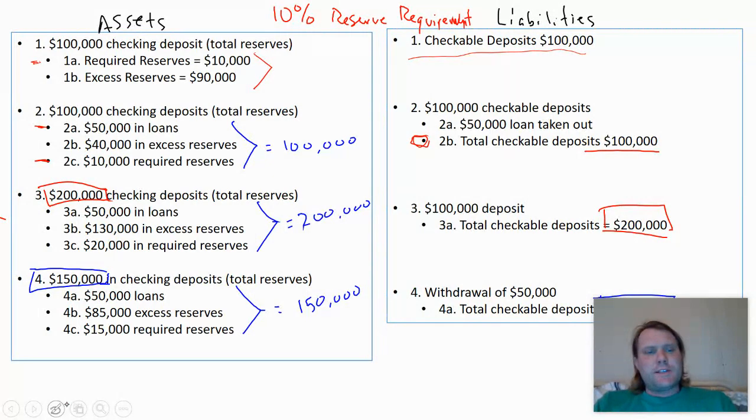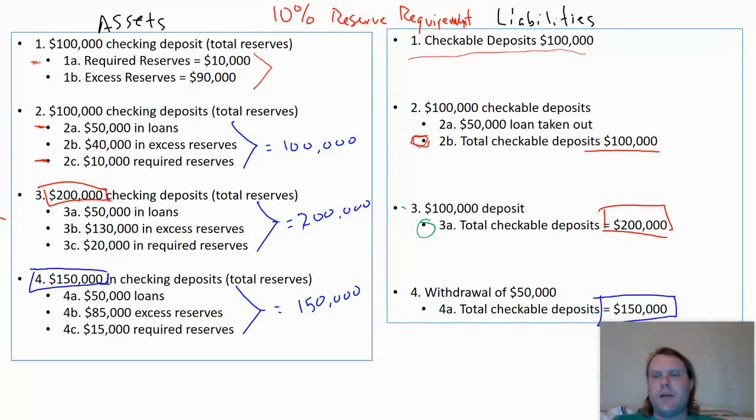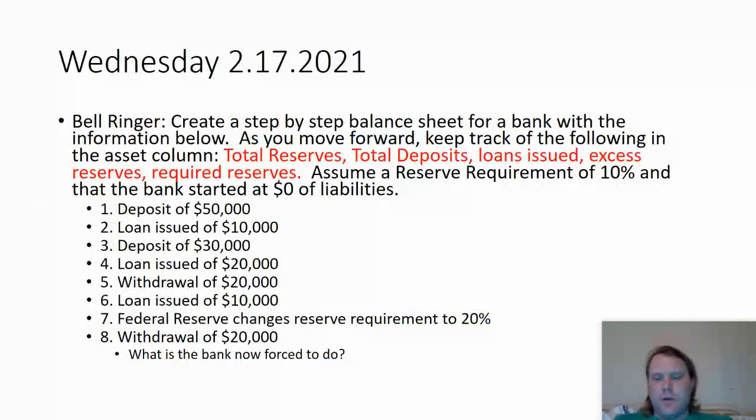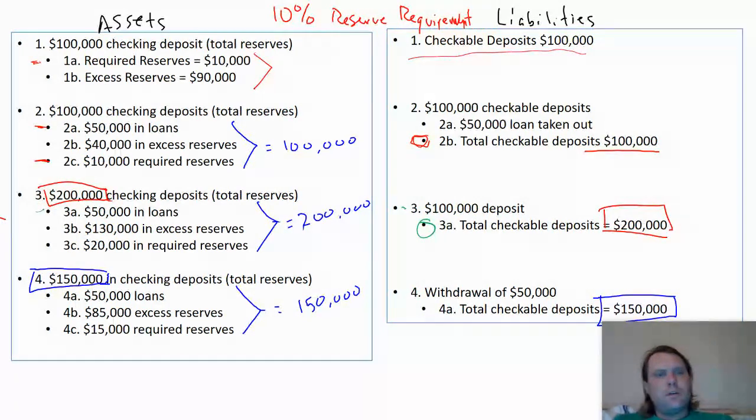Here's our next step: we're going to add a $100,000 deposit. So now our total checkable deposits are $200,000. We've still got this $50,000 loan out. Our required reserves are going to change a little bit.